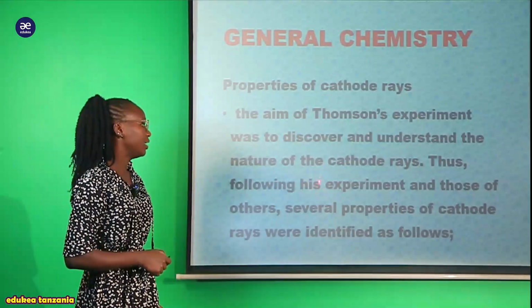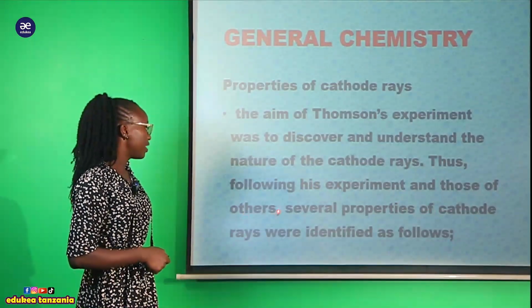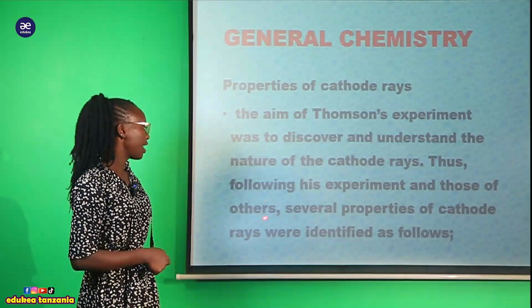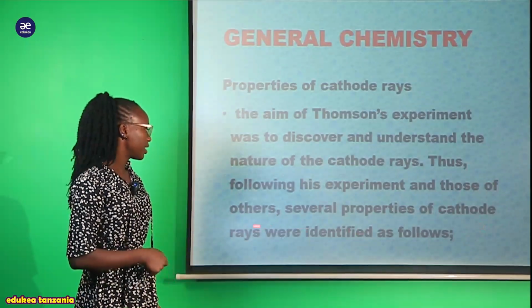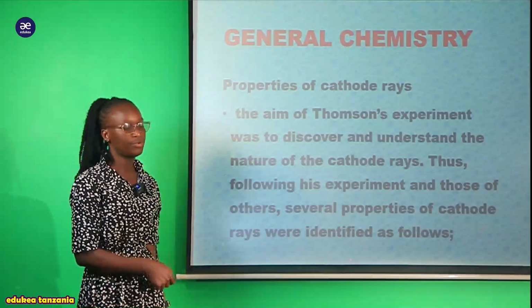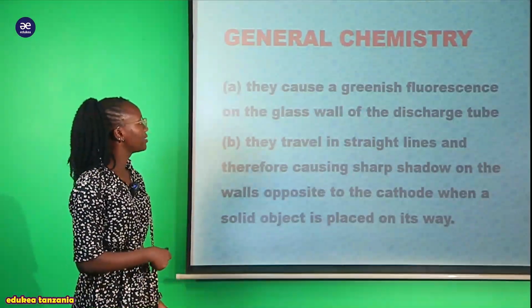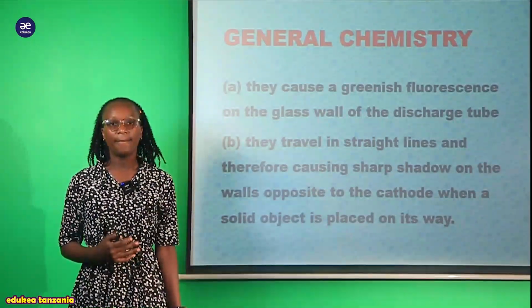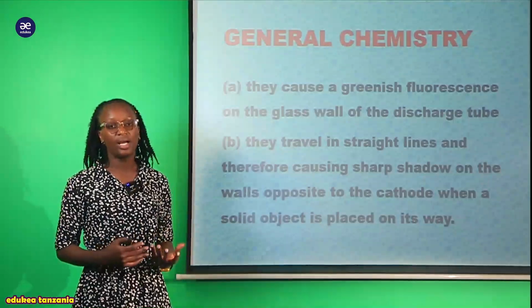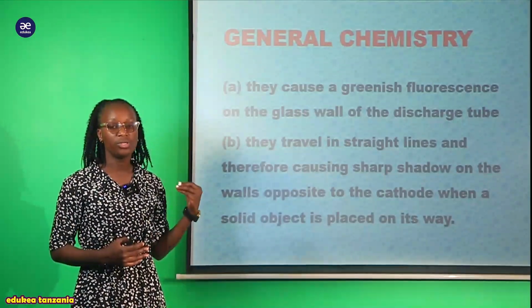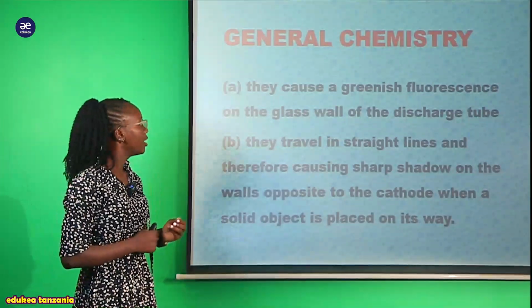So following his experiment, and those of others, several properties of the cathode ray were identified as follows. Sasa kulingana na ile experiment yake, hizi ndizo properties au sifa ambazo ziliambatana na ile experiment yake aliyokuwa anafanya kudiscover na kuelewa kuhusiana na cathode ray.